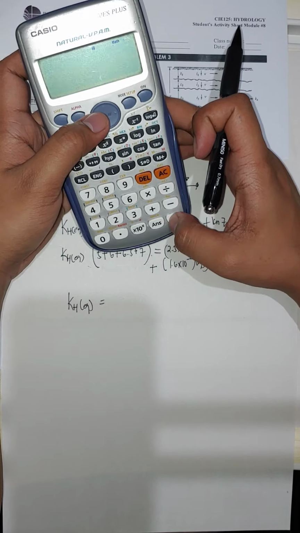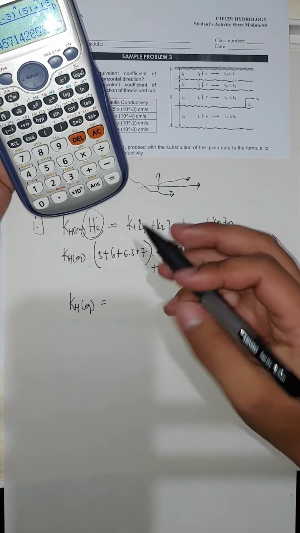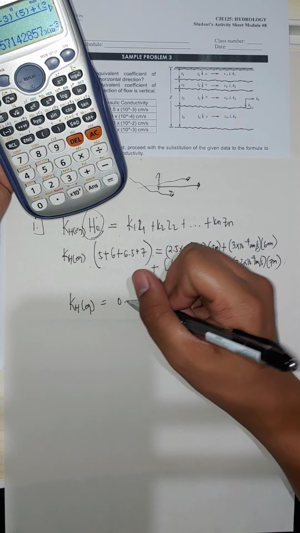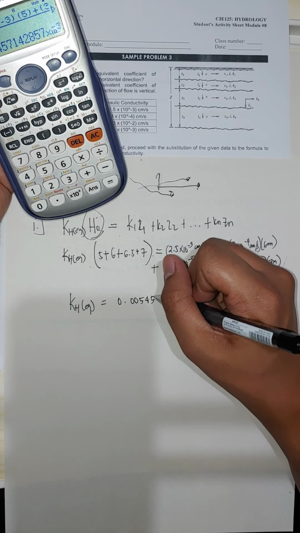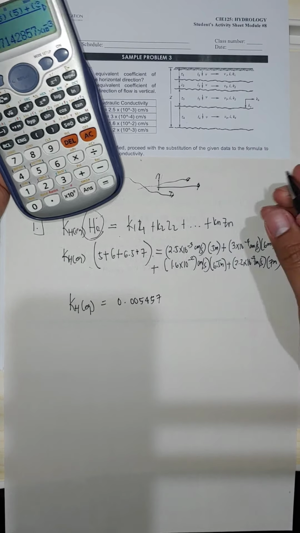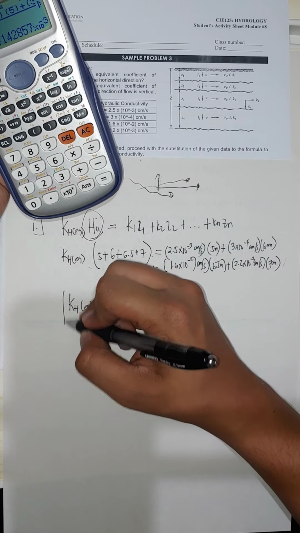Sakto ba? Yes, 7. So ato ang equivalent horizontal hydraulic conductivity is equal to 0.0054557. Ang unit, that is centimeters per second.